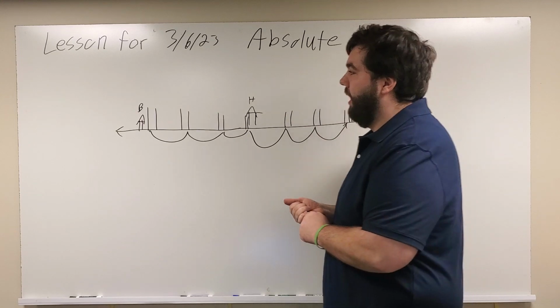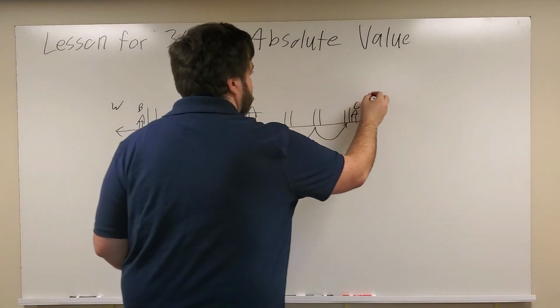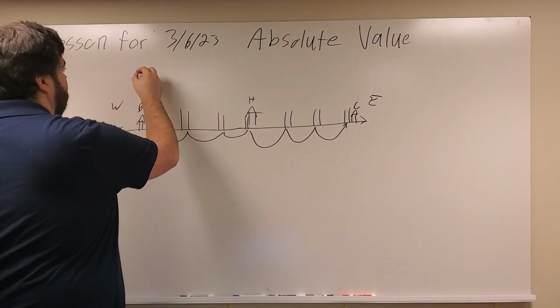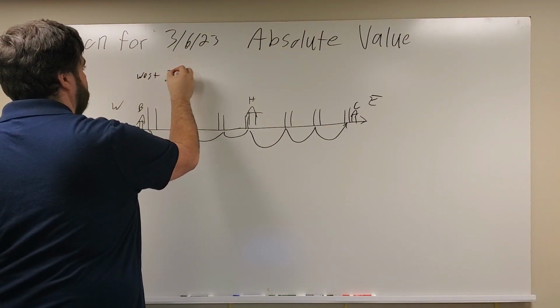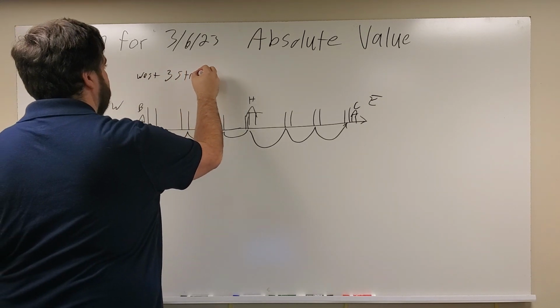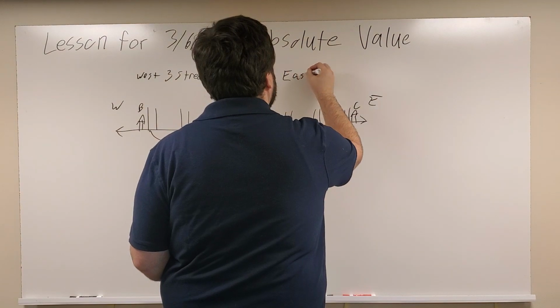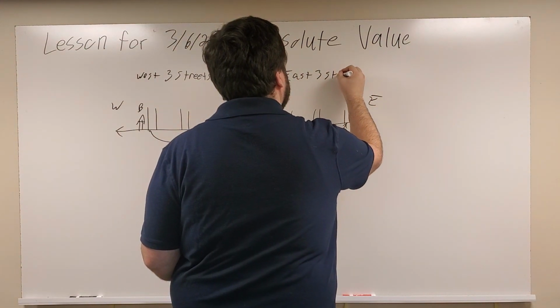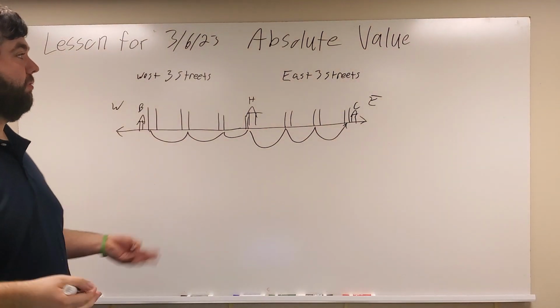That's why, whether it's, we'll say this is west and this is east, whether it's west 3 streets or east 3 streets, no matter what, you're walking 3 blocks.